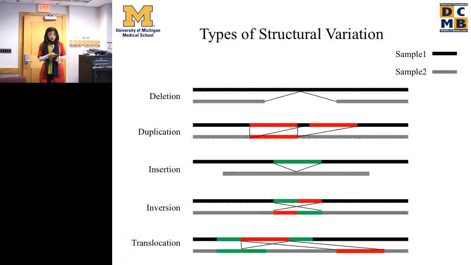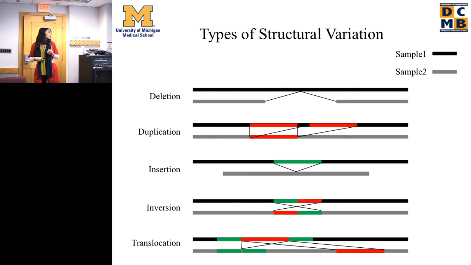So here are the 5 basic types of structural variants, where the gray bar stands for sample 2, while the black bar stands for sample 1. Compared to sample 2, for example, here there is a deletion, so there should be DNA material here on sample 2, but in sample 1, this part got deleted.